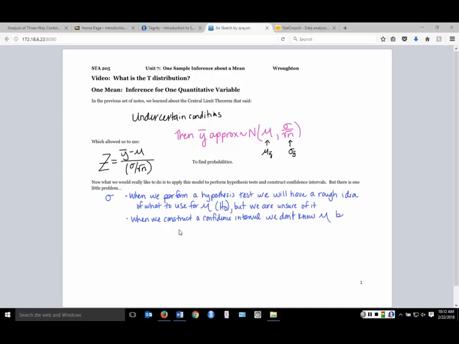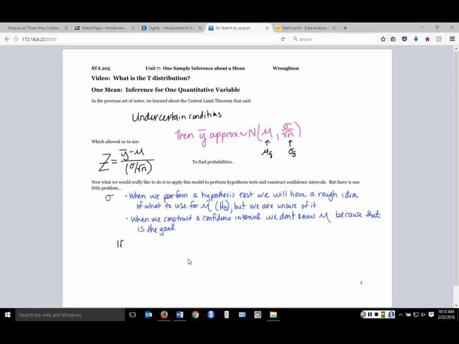Because that's actually our goal of what we're trying to find. The whole reason we do a confidence interval is to estimate some number, so mu is going to be what we're trying to estimate. Now, what might seem a little strange here is I'm talking about how sigma, our population standard deviation, is the problem, but here I'm discussing the mean. So let's talk about why that is actually now the problem.